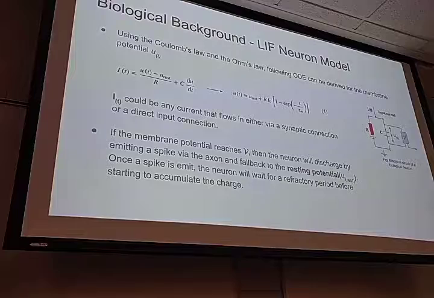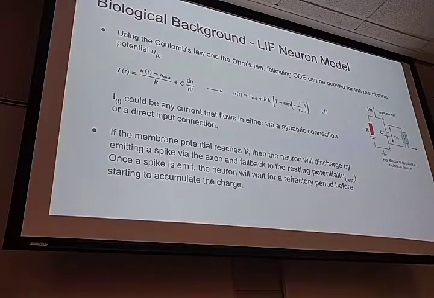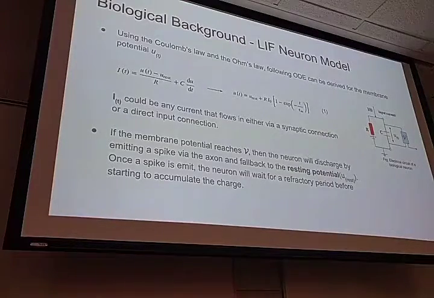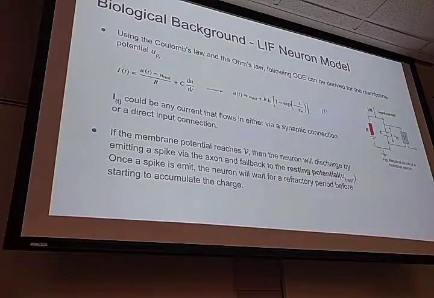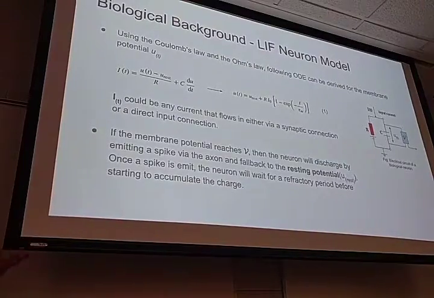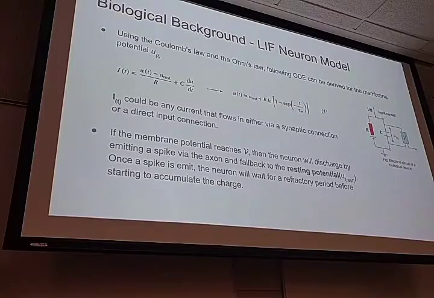If I just briefly discuss the biological background of the leaf neuron model, it takes current as the input and emits spikes. So based on the current that it gets, it accumulates charge, and then once the membrane potential for that particular neuron reaches a certain threshold, it will discharge by emitting a spike, and then it will fall back to resting potential.